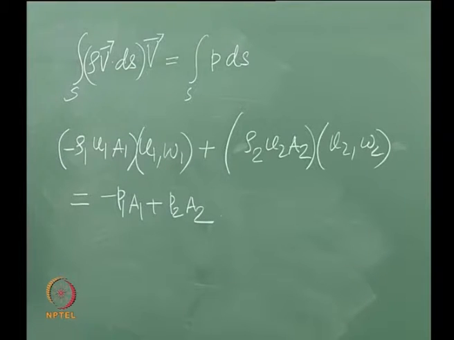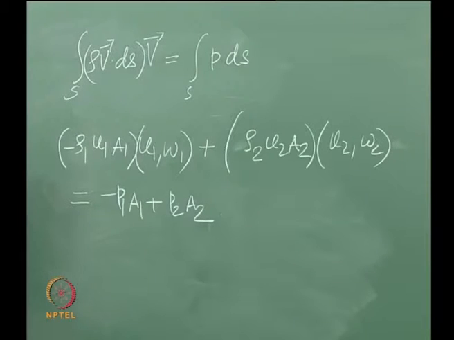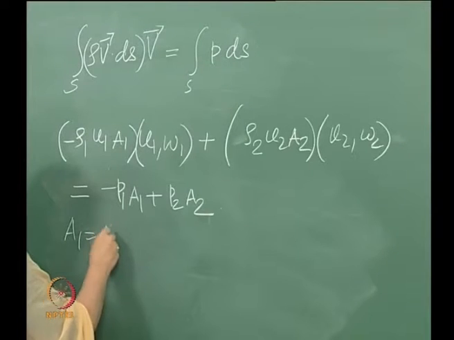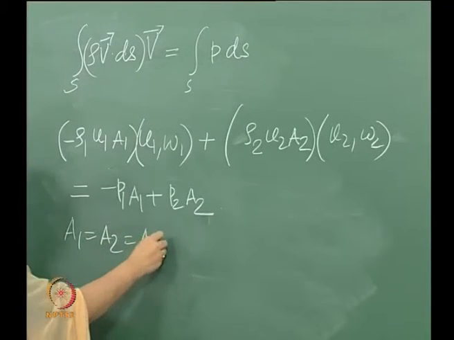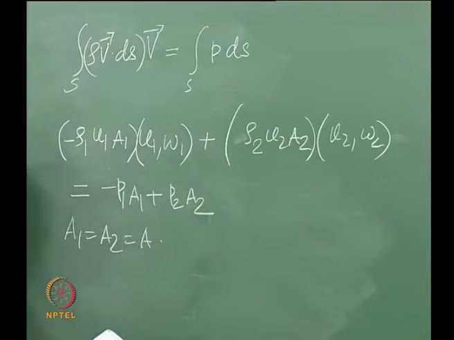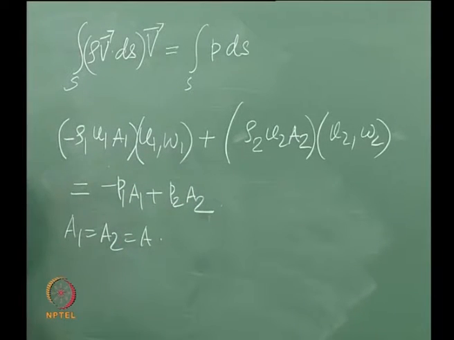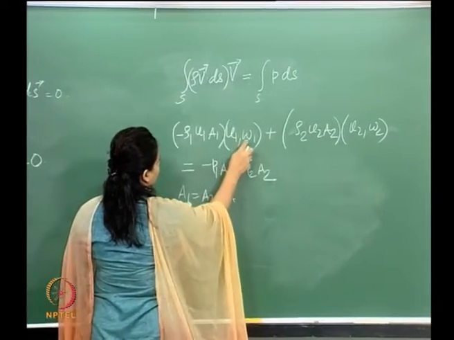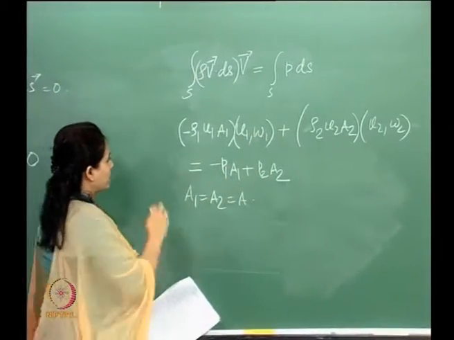I think that we know, right. Before we do that, A1 is equal to A2, right, that we know so far. So, all the area terms disappear from here. Now, let us take the parallel component first, that is W1. Let us take that from here and see what we get.